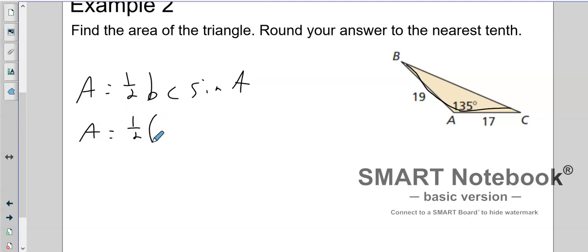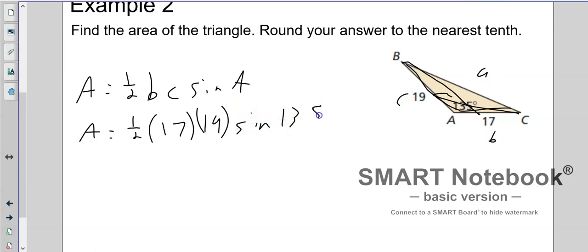B is going to be down here, opposite B, so 17. Doesn't really matter because it's just being multiplied, but you should recognize, you know, C is 19. It's opposite from that. You know, this is side C, this is side B, this is side A. It's opposite from the angles. And then sine of A, sine of 135.